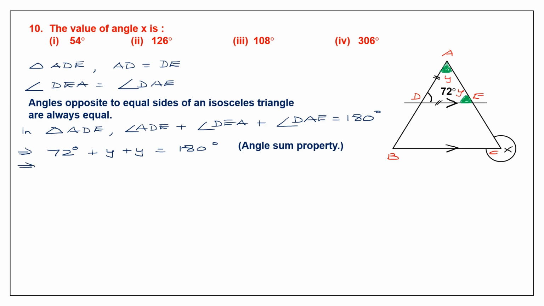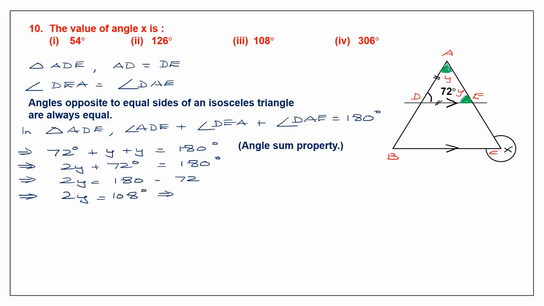So what does this mean? 2Y plus 72 degrees is 180 degrees. Now we can find the value of 2Y. 2Y is equal to 180 degrees minus 72 degrees, and that 2Y is equal to 108 degrees.